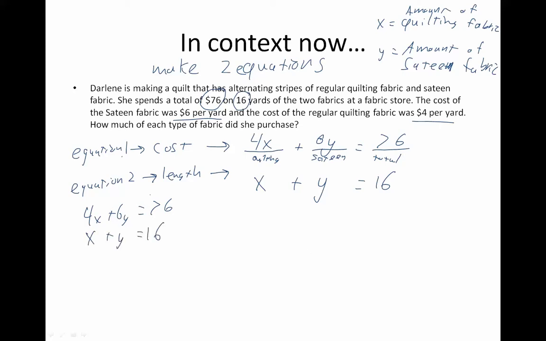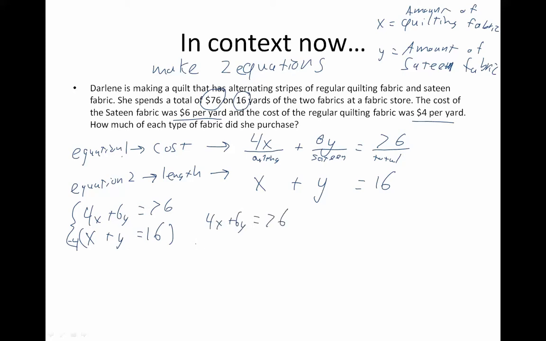Now we have enough that we can solve this system of equations. We have to use multiplication because nothing goes away when we add. So I'm going to multiply this bottom equation by negative 4. So that's going to be 4x plus 6y equals 76.